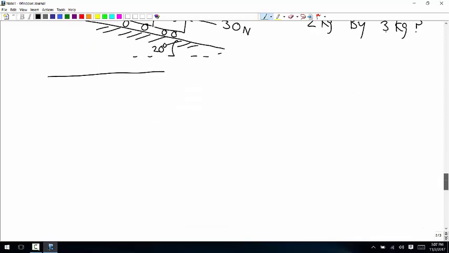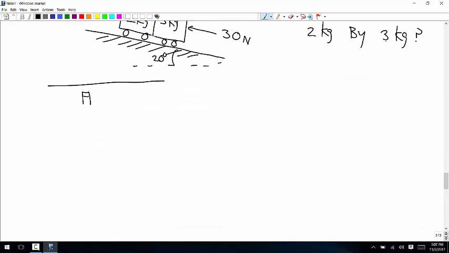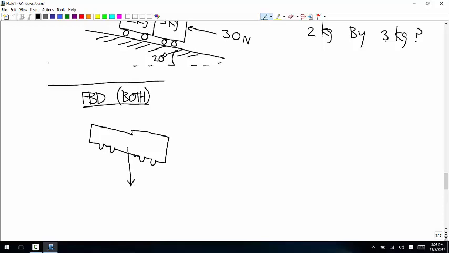All right, so the first thing is isolate both of them together. There's a weight force. The total mass is 5, so this is 49.05.